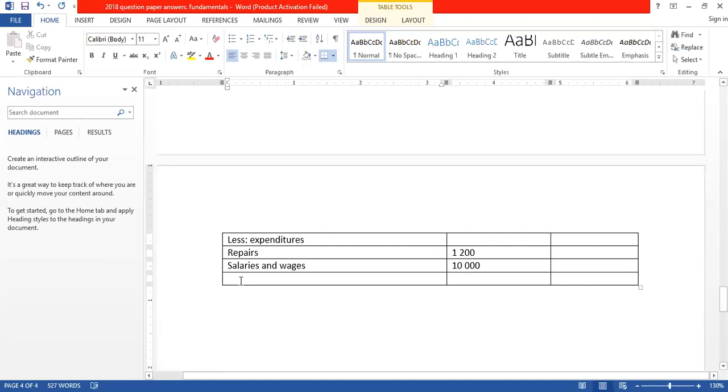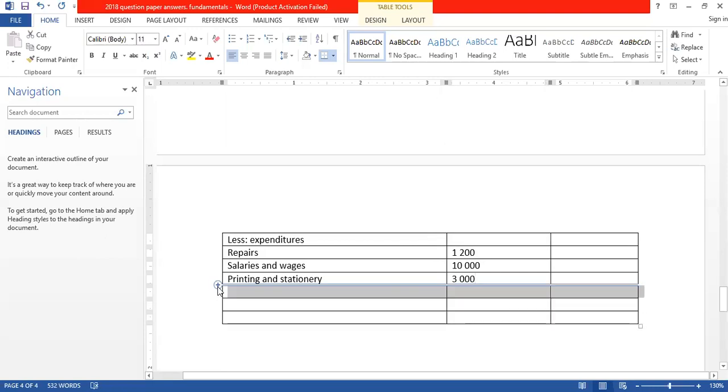We have printing and stationery of 3,000. And then from there we move on to the caretaker's wages.